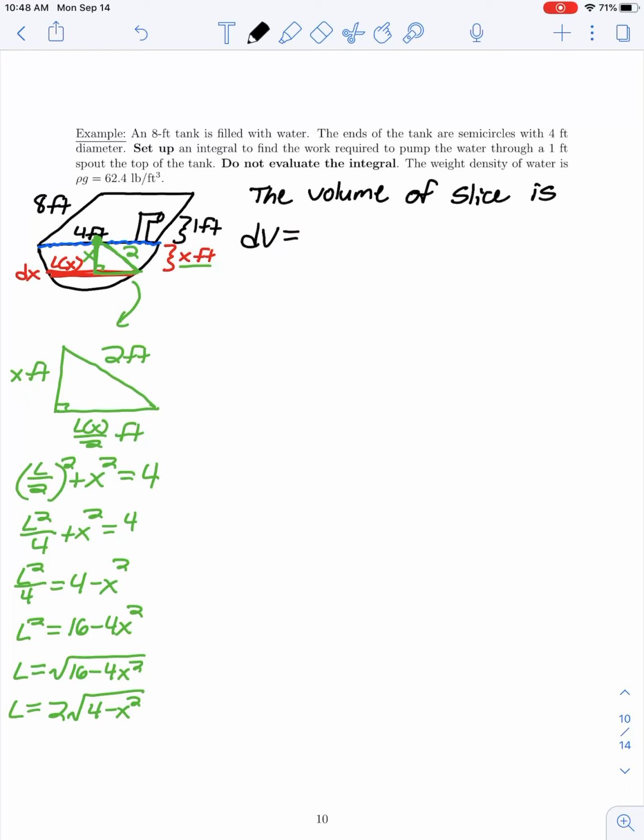So it would be found by taking the length of our slab, which is the same as the length of the trough or the tank, 8 feet, by its width, which was this L of x function, which we just found to be 2 times the square root of 4 minus x squared feet, by its height, which was dx feet.